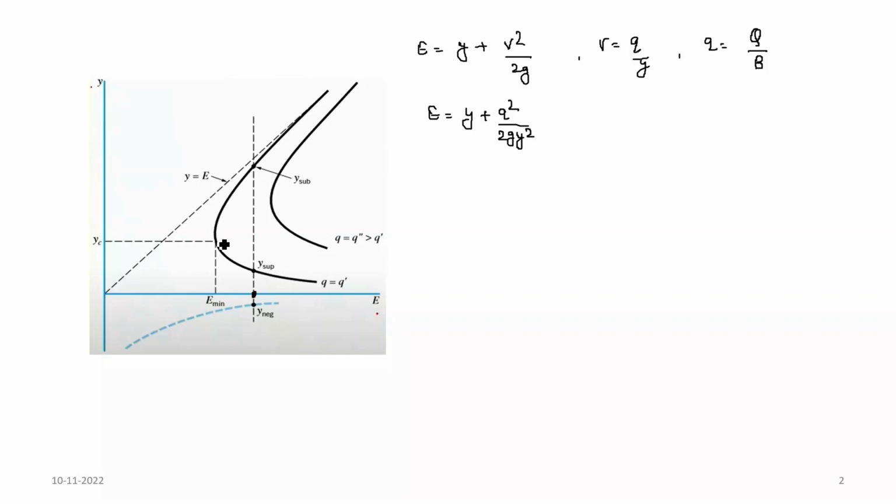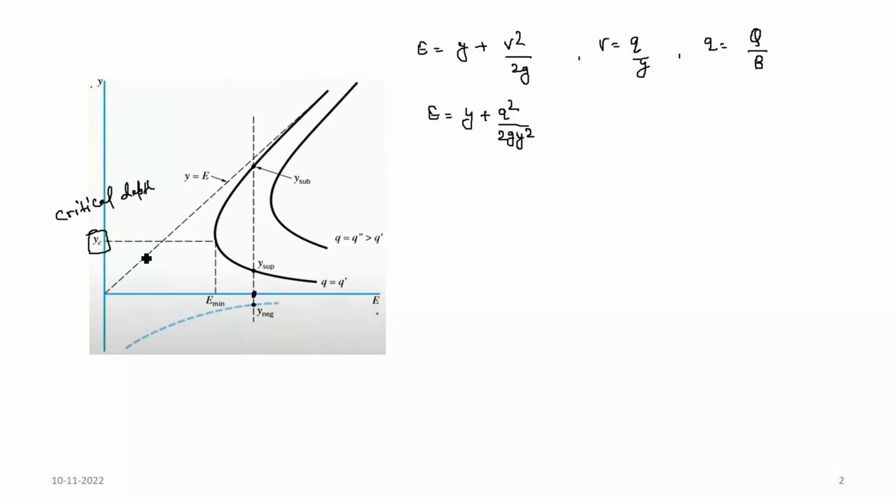But at one point, this graph gives the minimum energy value, and corresponding to this E minimum, the depth is called critical depth. yc is called the critical depth or critical flow depth. For minimum energy, the depth is considered as critical depth.